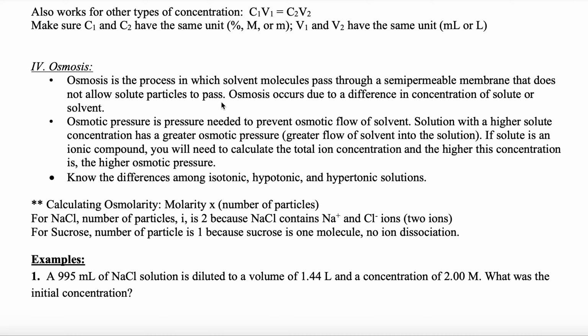Those require special gates, special channels that move the ions across the cell. So the cell is pretty smart. And the force, the pressure that pushes that movement, is called osmotic pressure. The process is called osmosis.